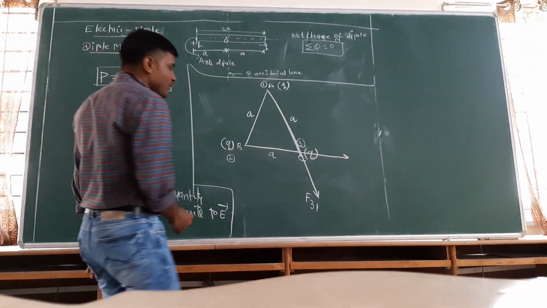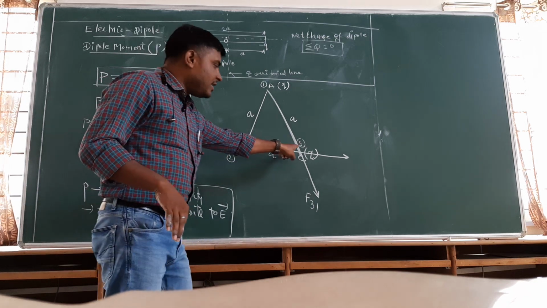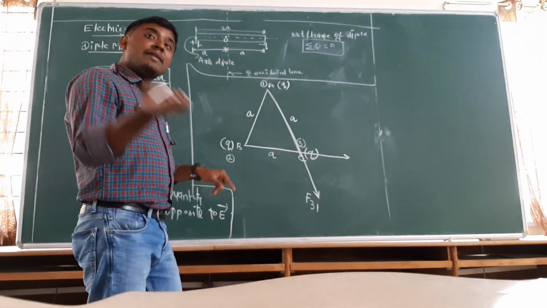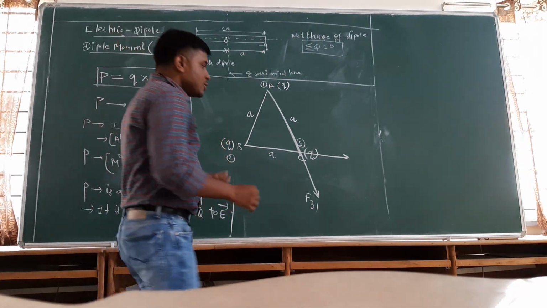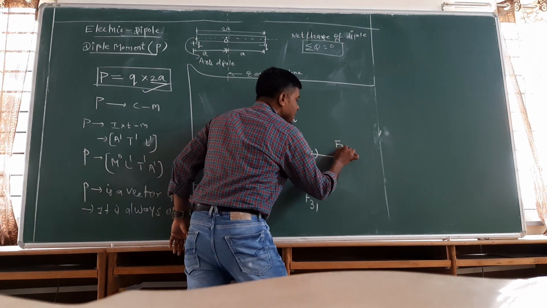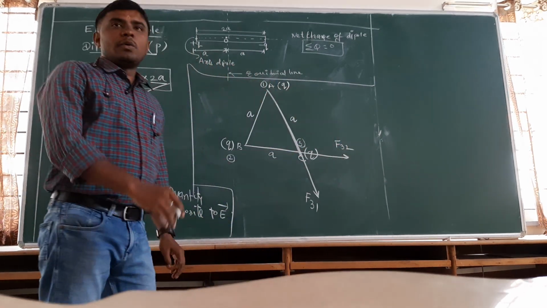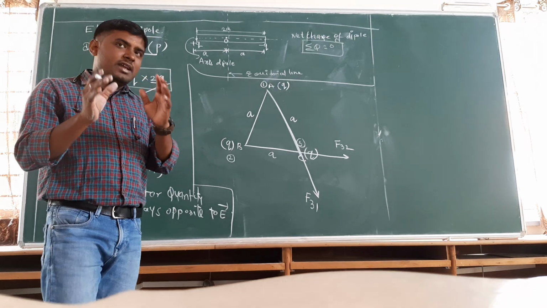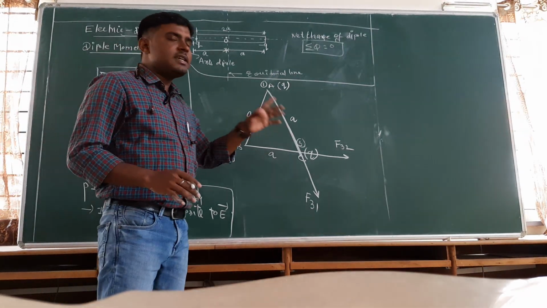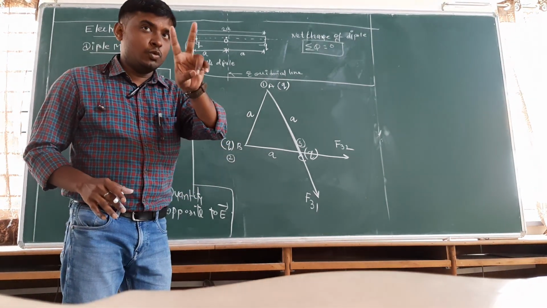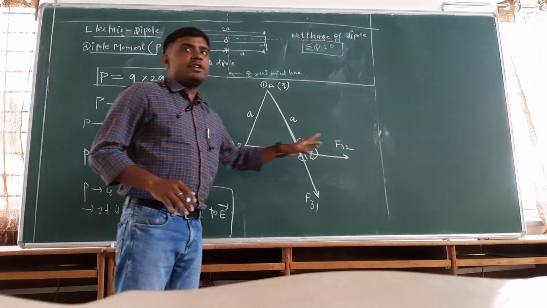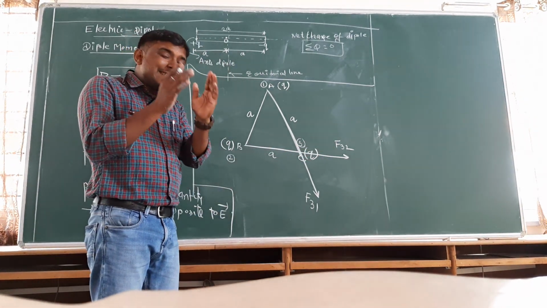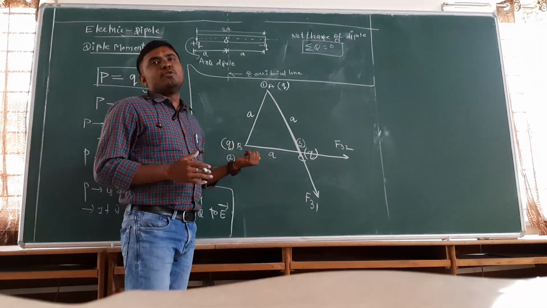And this will be what? Give the name. It is acting on 3, because of 2. So it is F32. So how many electric fields are acting at point C? Two, F31 and F32. So what is the resultant electric field acting at point C?